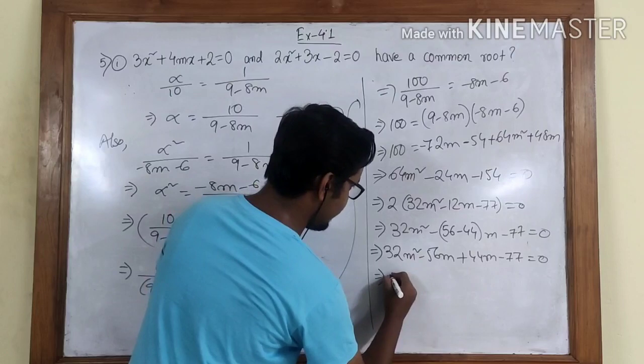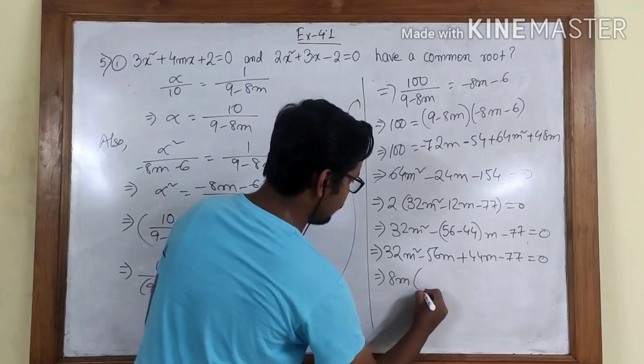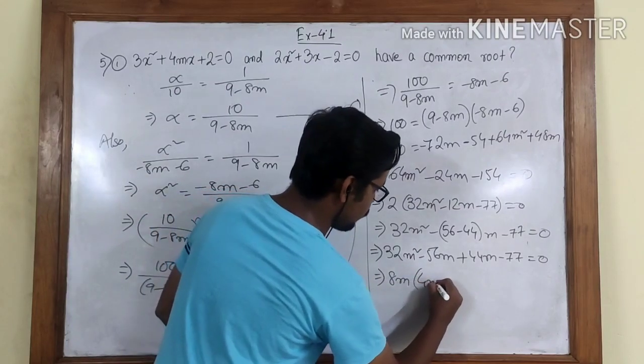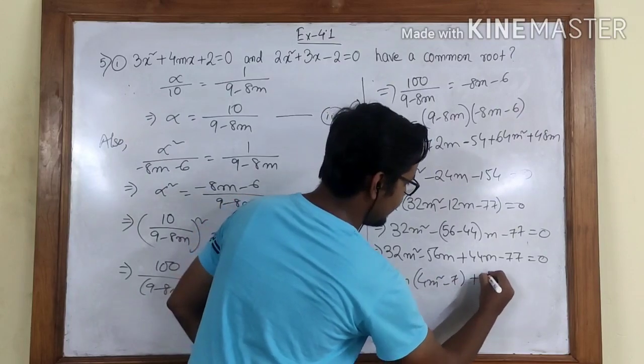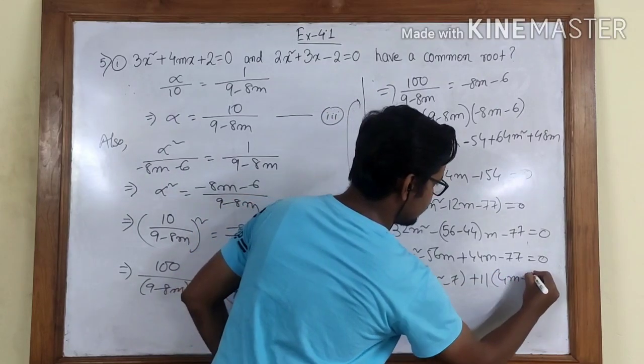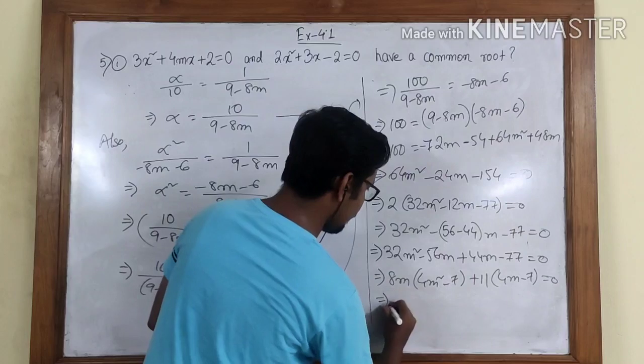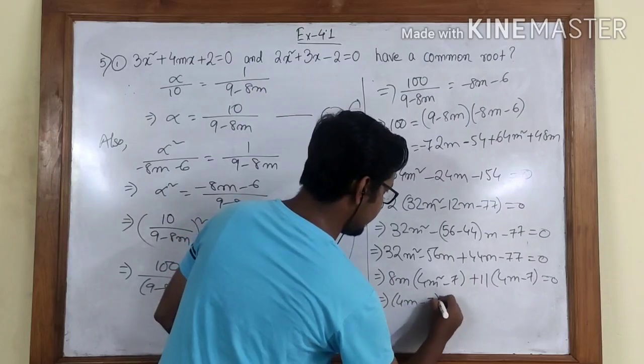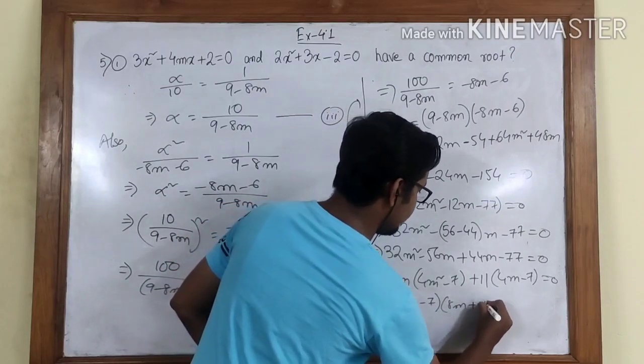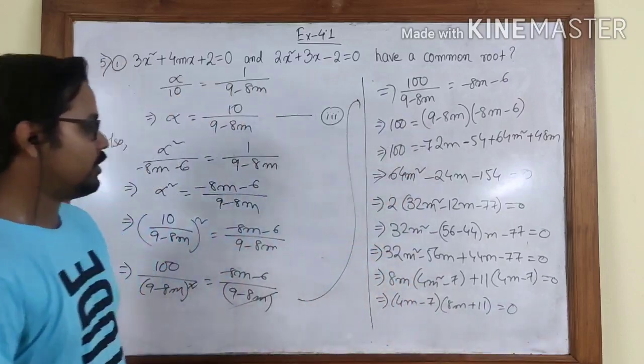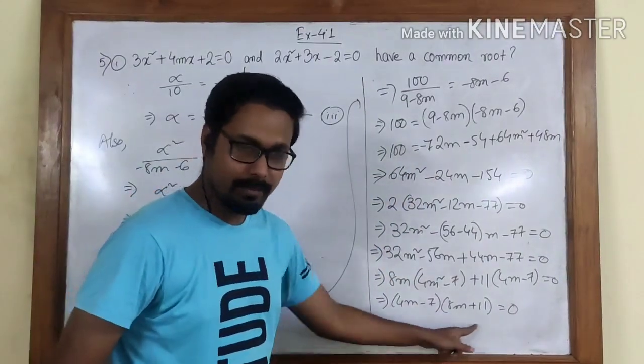So here we can take 8m as common. It is 4m minus 7. Here I can take 11 common, so it will be 4m minus 7 equal to 0. This will be 4m minus 7 into 8m plus 11 equal to 0. I can have the two values of m from here.